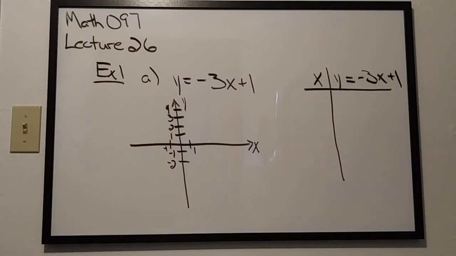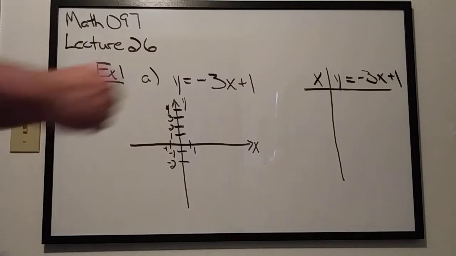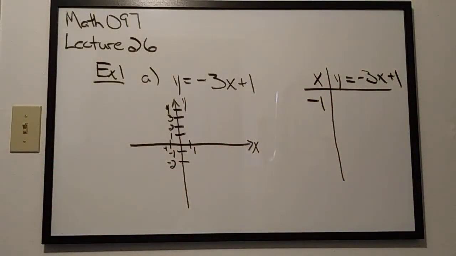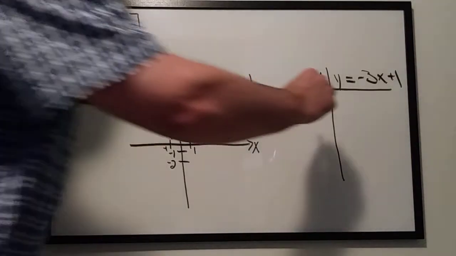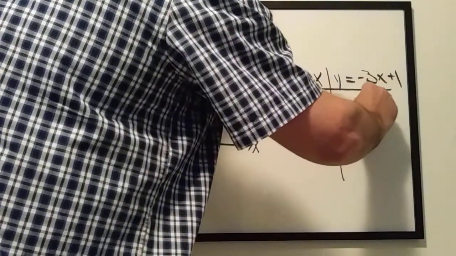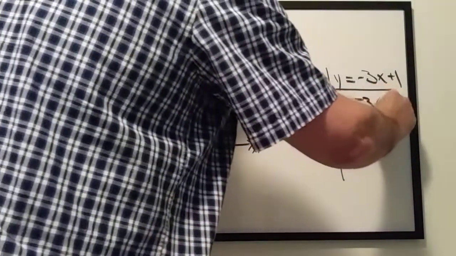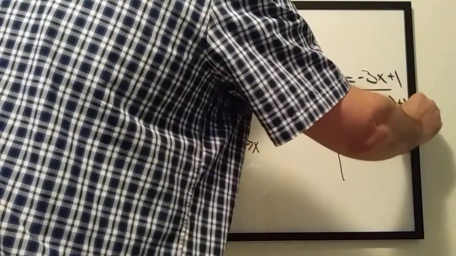So let's choose an x value that's relatively easy to work with. I'm going to choose an x value of negative 1. I'm going to plug that negative 1 in everywhere that I see an x in my equation. So I have y equals negative 3 times negative 1, plus 1.